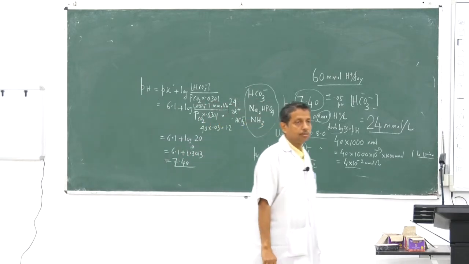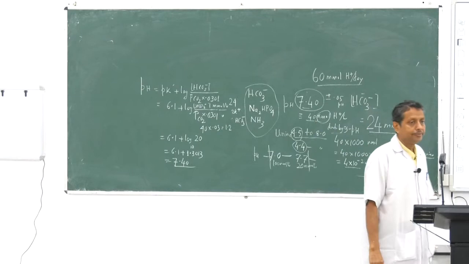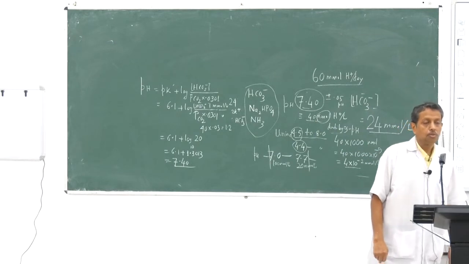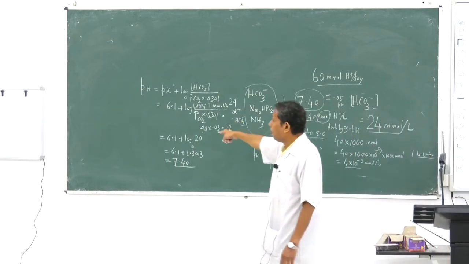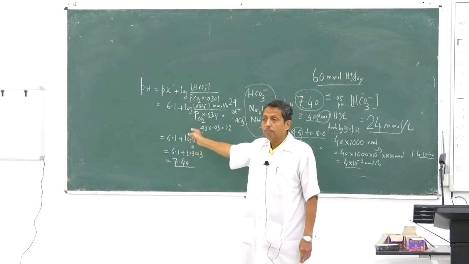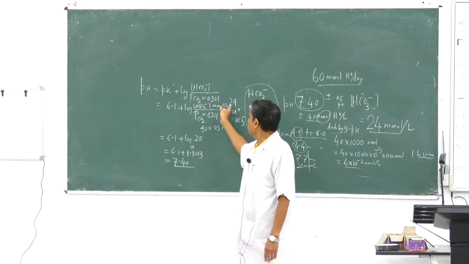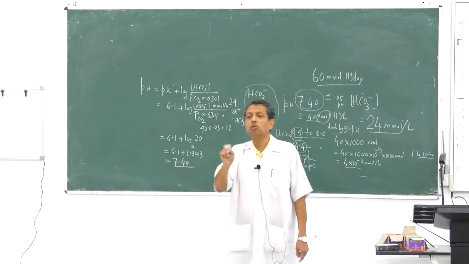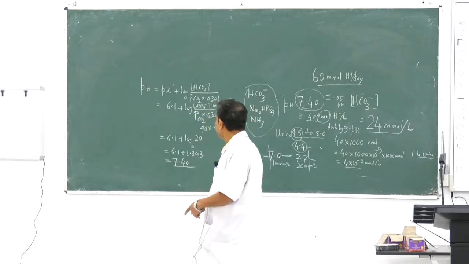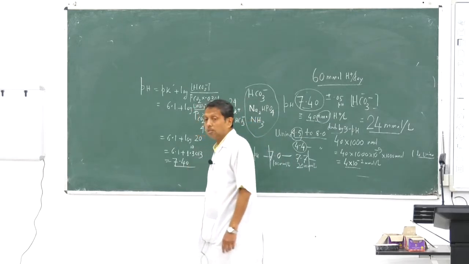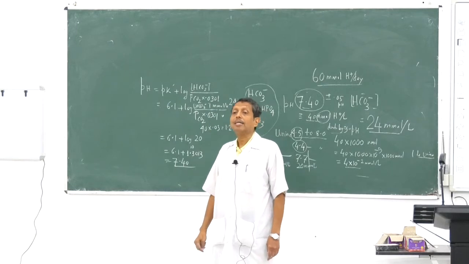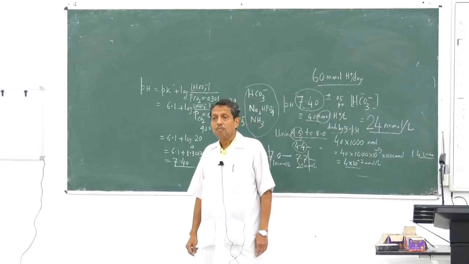We are getting this. So it is the bicarbonate buffer, and it is important. When the normal values are put in this equation, you get this value in the arterial plasma.